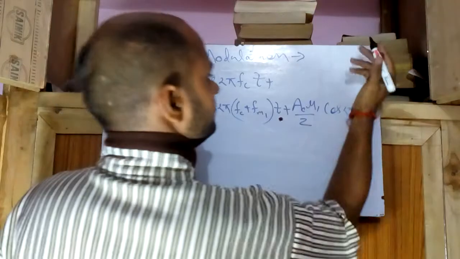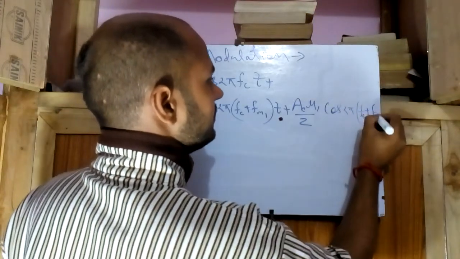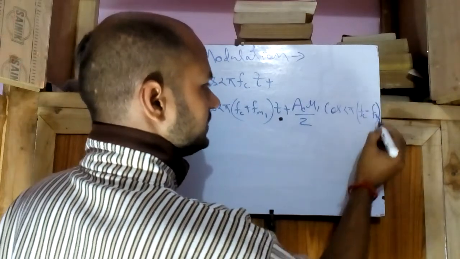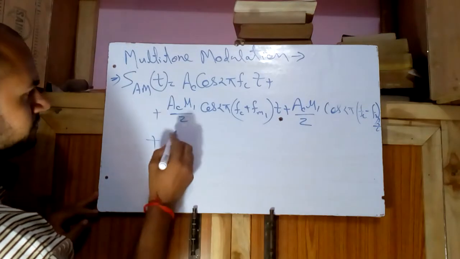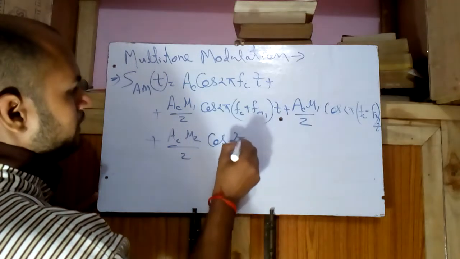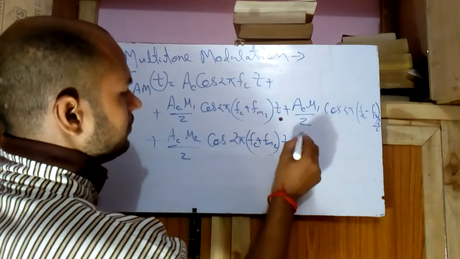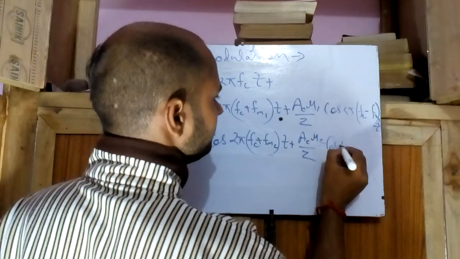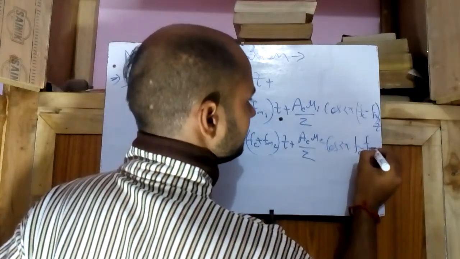pi (fc minus fm1) t, plus Ac mu2 by 2 cos 2 pi (fc plus fm2) t plus Ac mu2 by 2 cos 2 pi (fc minus fm2) t.